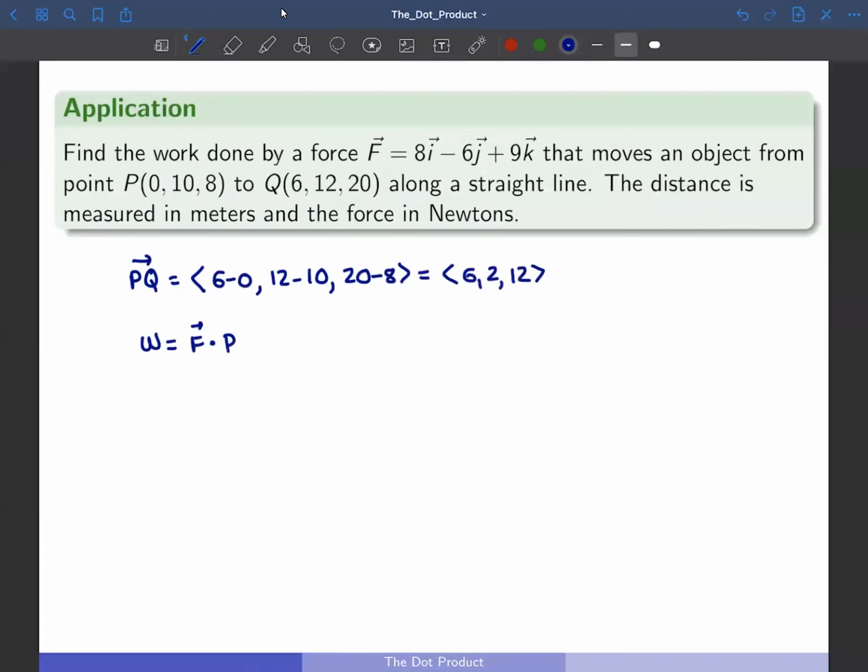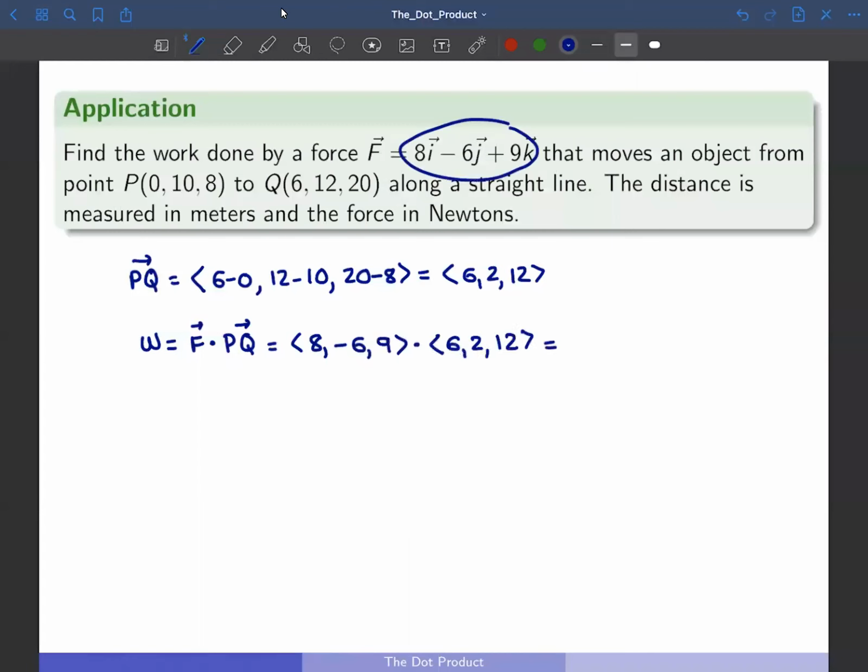So the force vector dotted with the displacement vector PQ: the force vector has components 8, -6, and 9, dotted with PQ, which has components 6, 2, and 12.